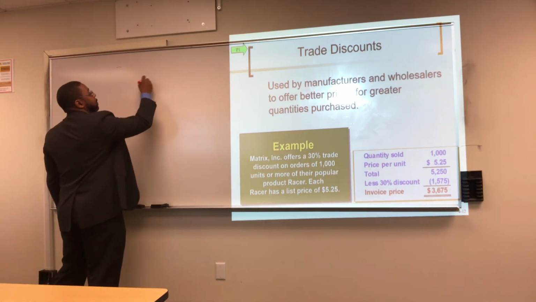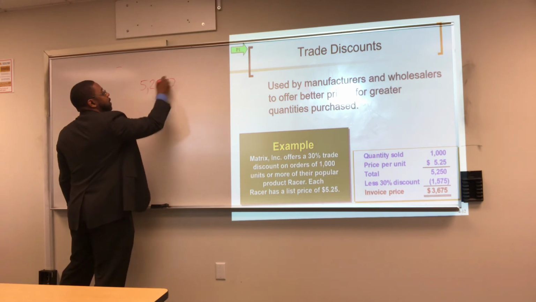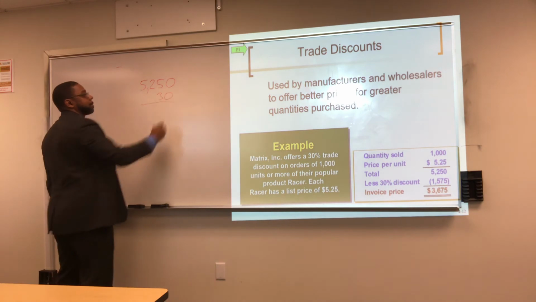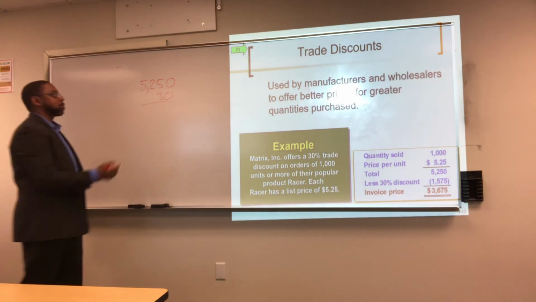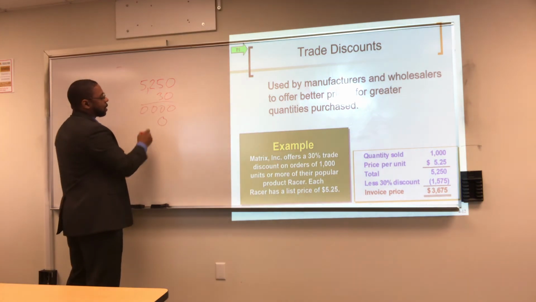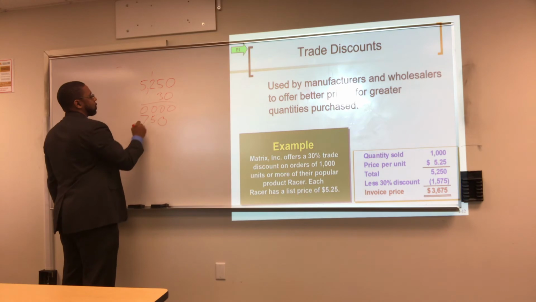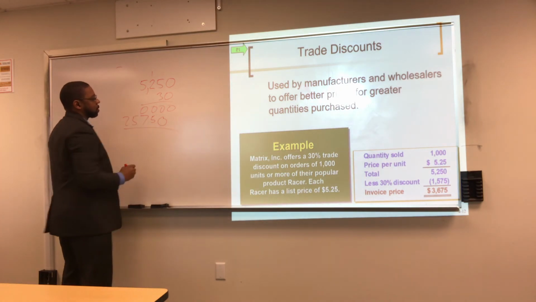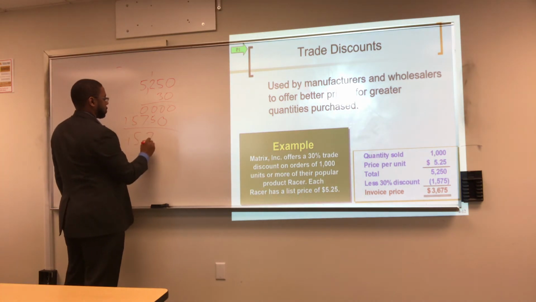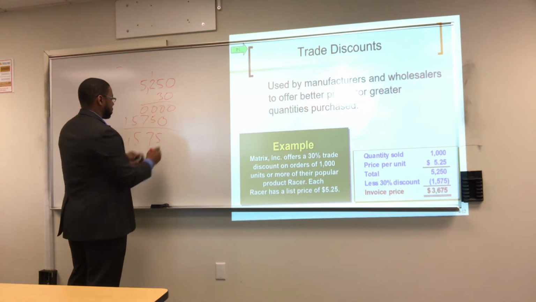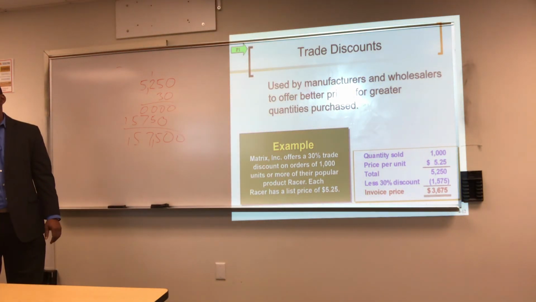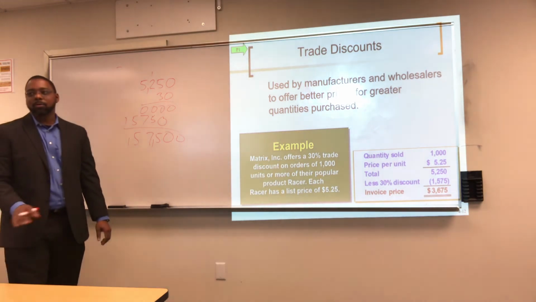Do not take $5,250 and multiply it by 30, because then you're gonna get a massive number, 157,000, and then start trying to subtract.